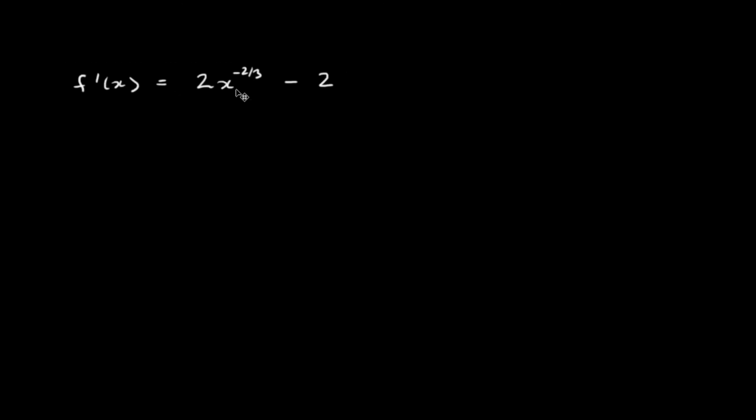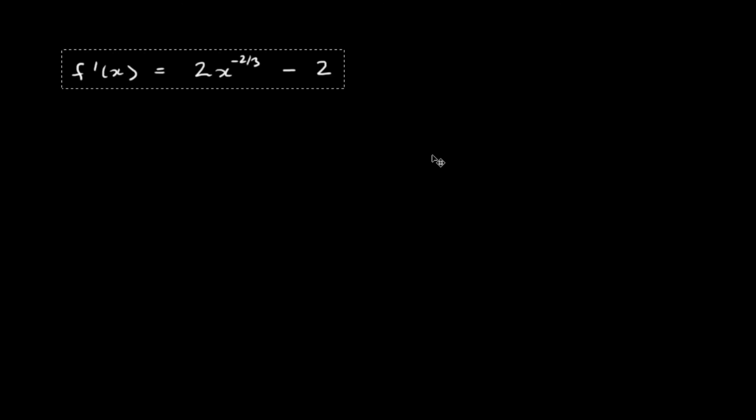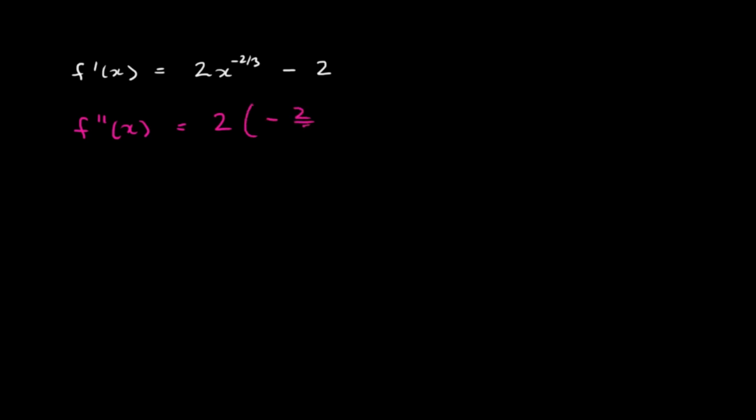There's our first derivative, and I grabbed the one with the rational exponent, so now we can proceed to our second derivative in a different color. So f double prime of x is: sidestep the 2, and then the negative 2/3 comes down. Subtract 1 from that, so this is going to give me negative 5/3 as a power on that x, and then when we differentiate the constant, goodbye, it's gone.